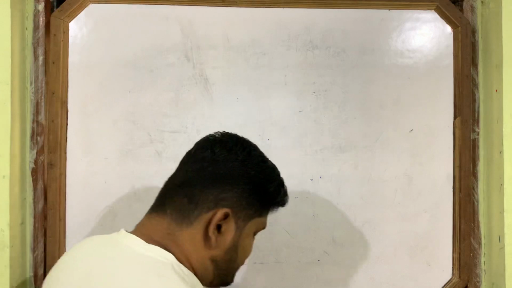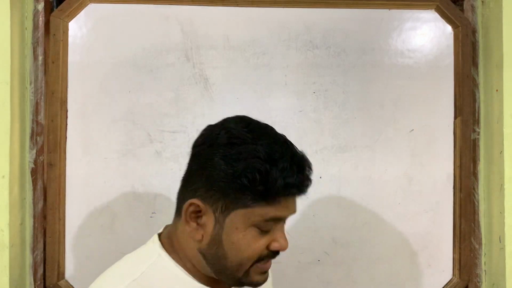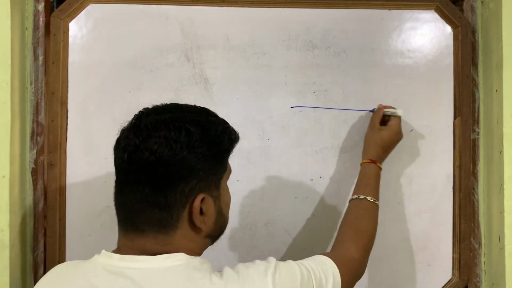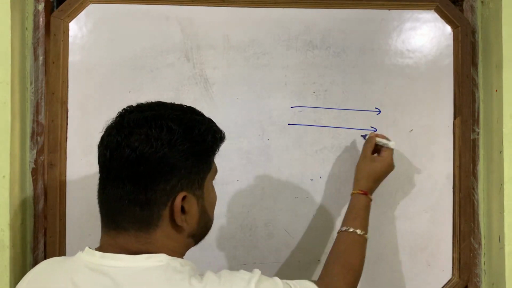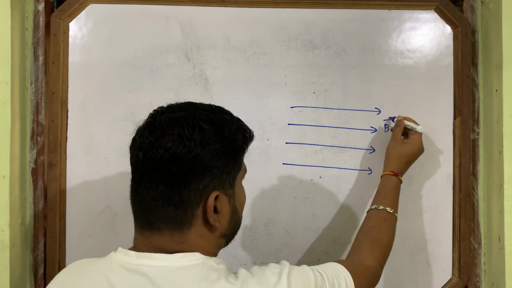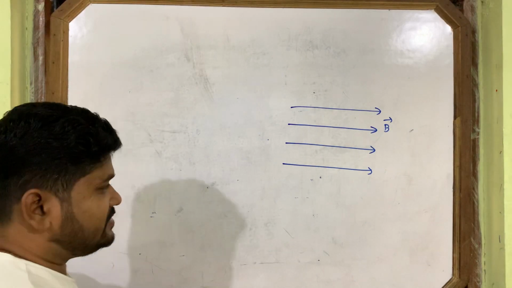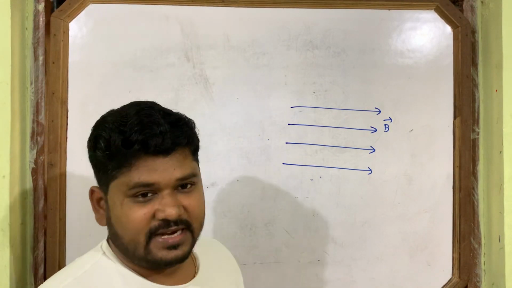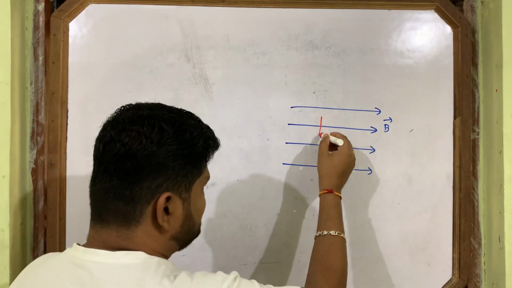Now let's discuss what happens when four conductors are placed in a uniform magnetic field, making a coil. This is a uniform magnetic field. Four conductors are placed here.